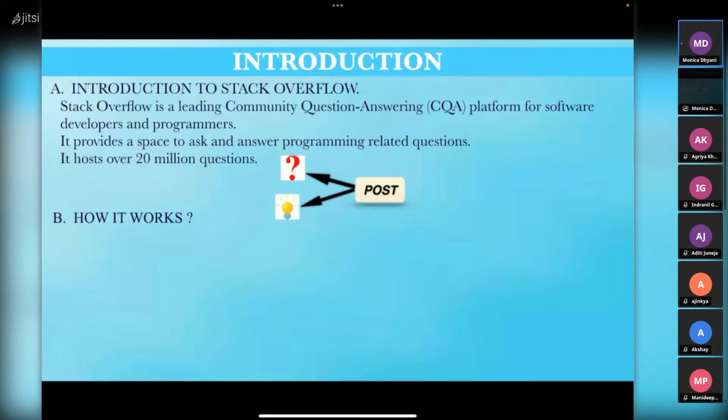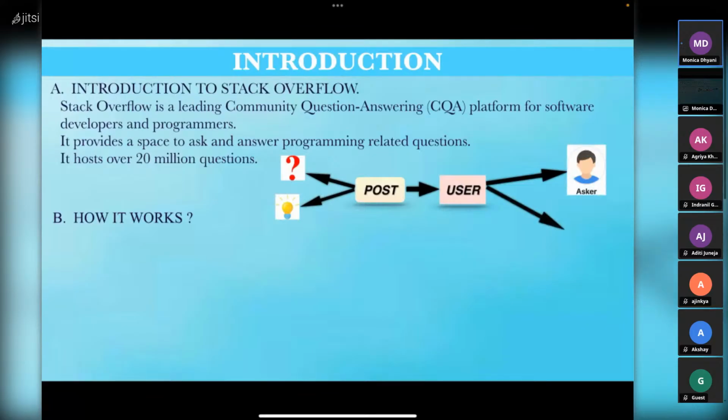For a particular post, the user who asked the post is an asker, and all those users who are answering that post are the answerers for that particular post. There can be multiple answers also, and every post is labeled with a tag. There can be multiple tags also, and these tags describe the topic it is related to.